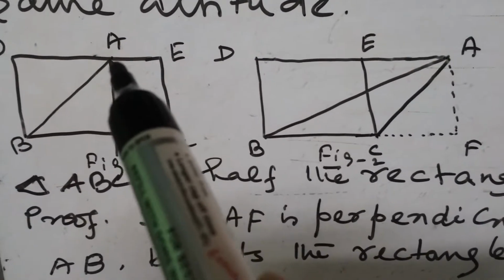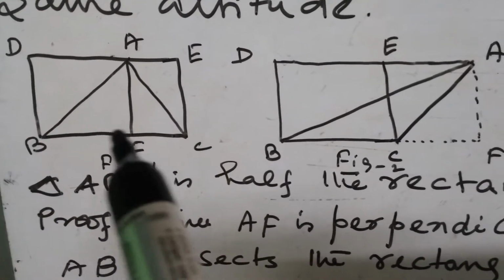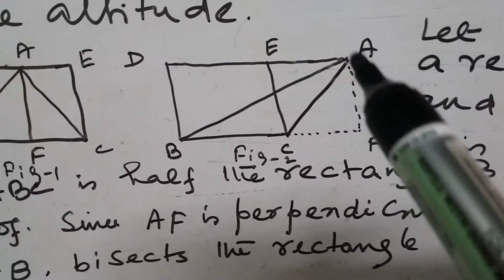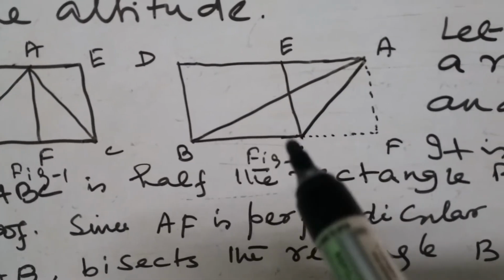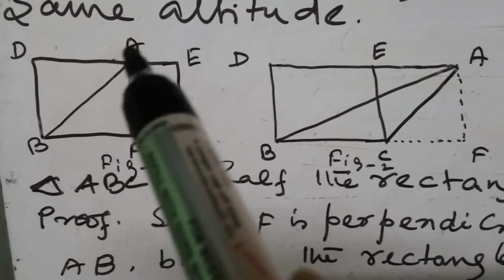Now draw a perpendicular from here. So this is one rectangle and this is another rectangle. From this draw a perpendicular and produce it. So this is one rectangle and this is also another rectangle.